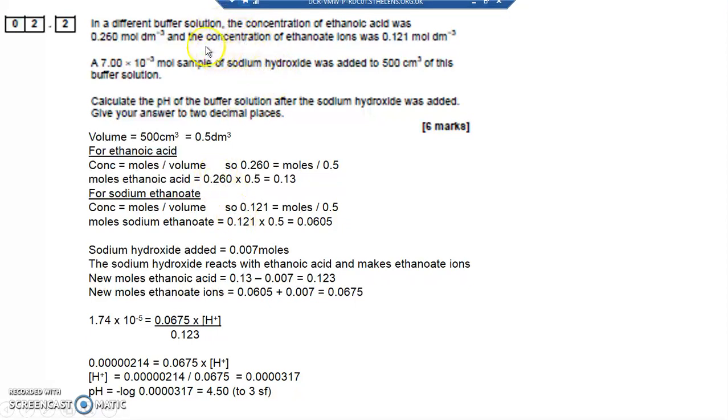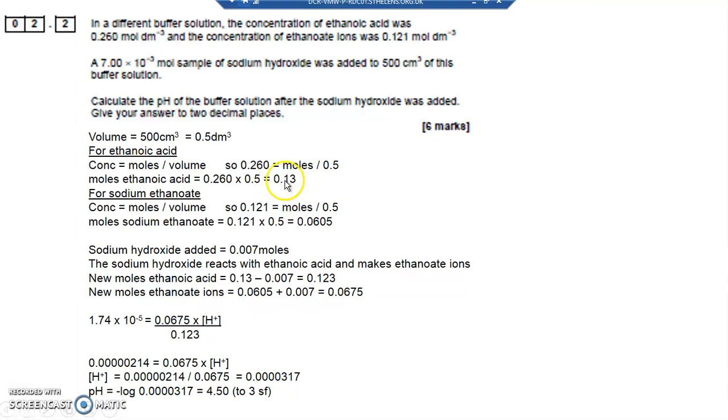in this buffer solution. I've added some sodium hydroxide, and it's given me the number of moles, 0.007 moles. Now what the sodium hydroxide does is it reacts with the acid. Because this is an alkali or a base, sodium hydroxide will react with the acid. So instead of being 0.13 moles, some of the sodium hydroxide, 0.007 moles of this, has reacted with some of this.